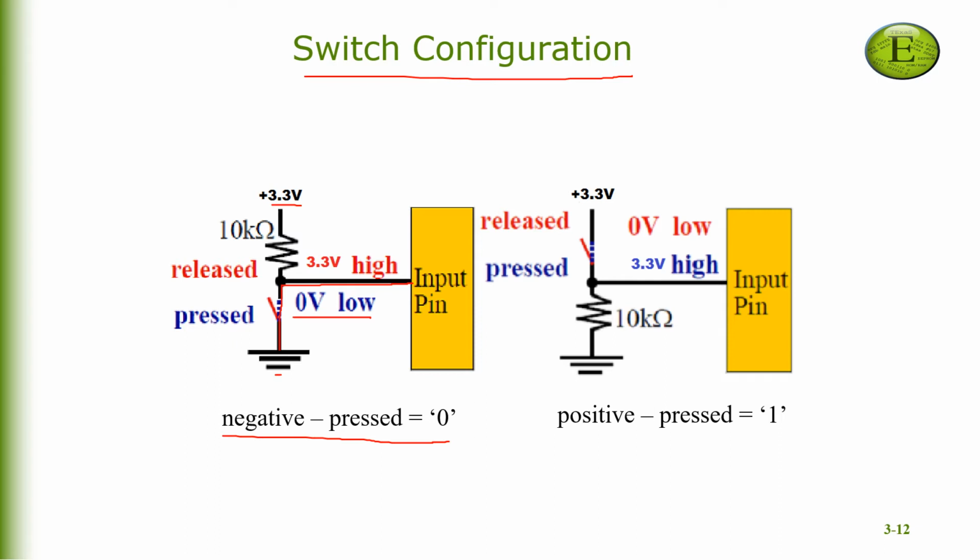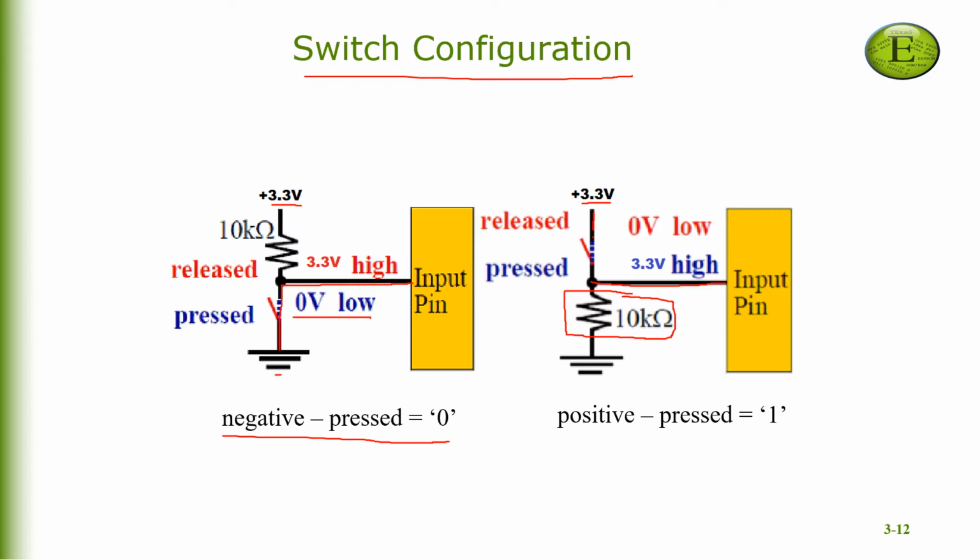In the other case, the switch has one of its ends connected to the microcontroller port pin, and the other end connected to the high voltage, that is 3.3 volts. The end connected to the microcontroller pin is also connected to a resistance through which the pin is grounded.